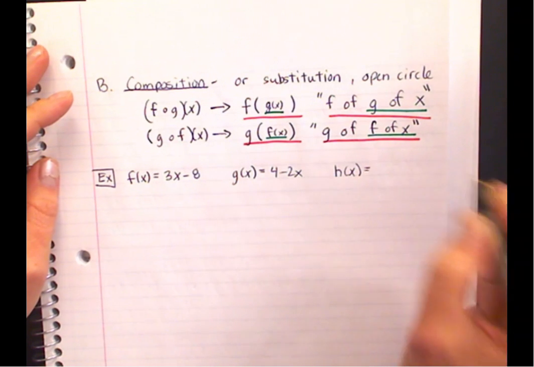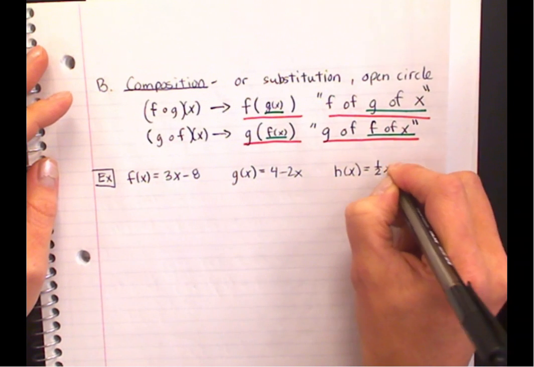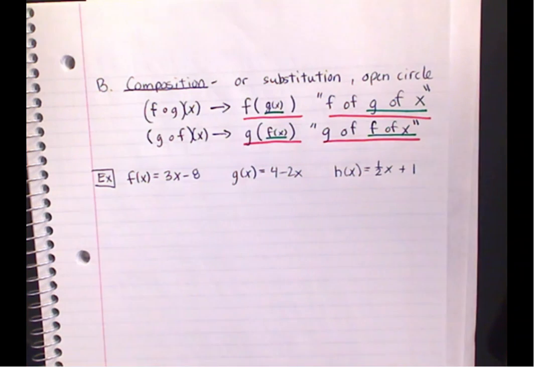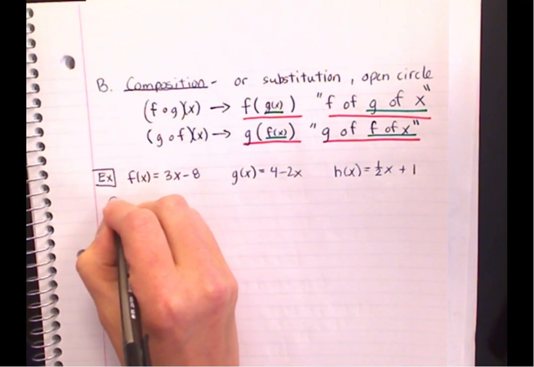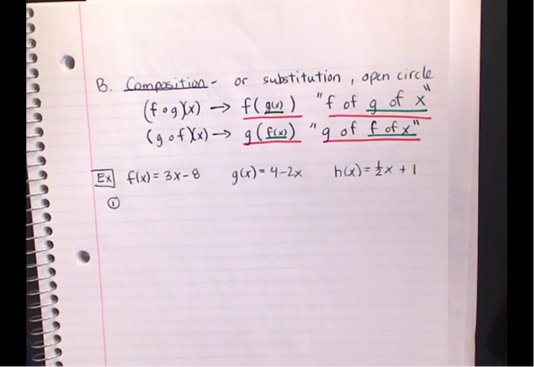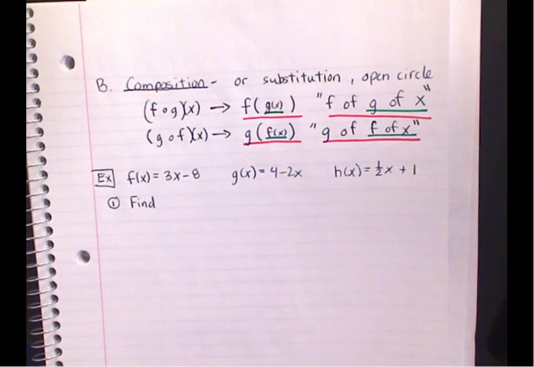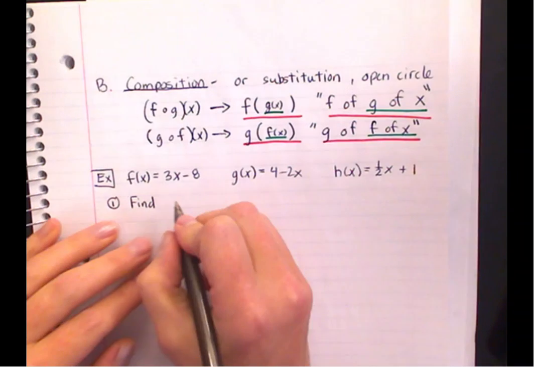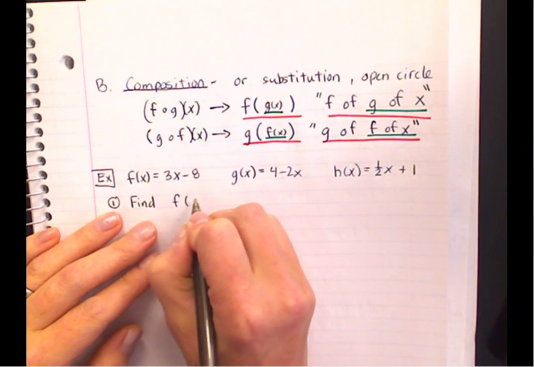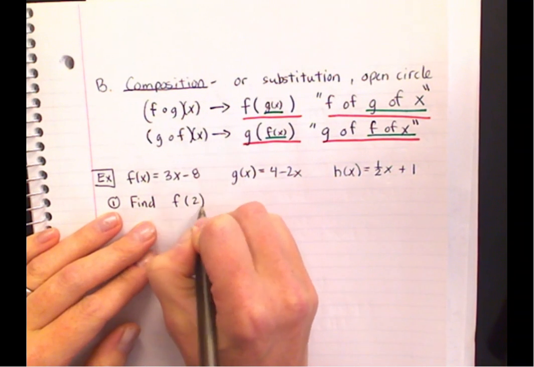And we'll say h of x is 1/2 x plus 1. Okay. We're going to try to start slow but quickly pick up speed. Find f of 2.